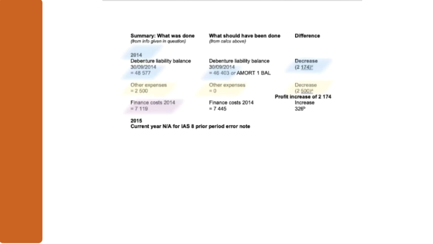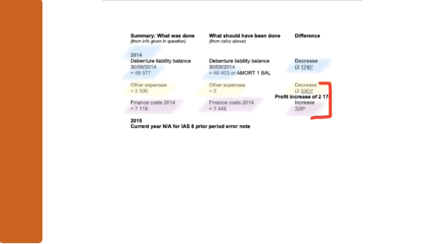So where we had finance cost of 7,119, we should have had finance cost of 7,445, which means there's an increase of 326 Rand. If we then have a look at profit or loss in total, profit or loss in total is the transaction cost, the other expenses that should no longer be there, together with the finance cost that should be different. Now, this is for 2014.